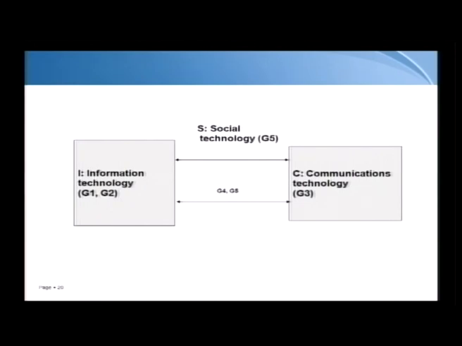Information technology makes things available. Your right-hand side is communication technology, which facilitates interaction, and in between, generation 5 today is social technology. Social technology combines both IT and CT, therefore ICT vis-a-vis social technologies and social networks.